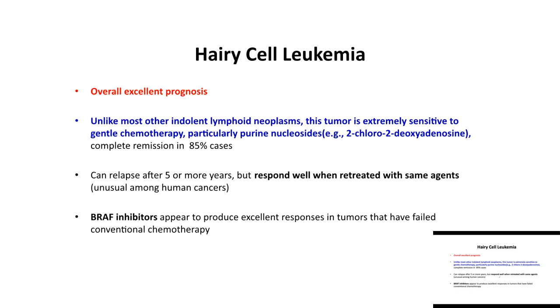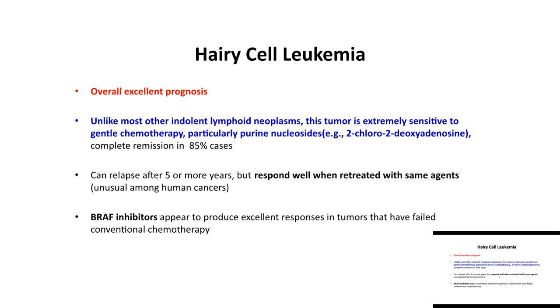why do I mention this? Because it's just very interesting. This has a mutation called the V600E mutation, a mutation that we see associated with melanomas, bad prognosis. But the hairy cell leukemia has the exact same mutation, the V600E, good prognosis.